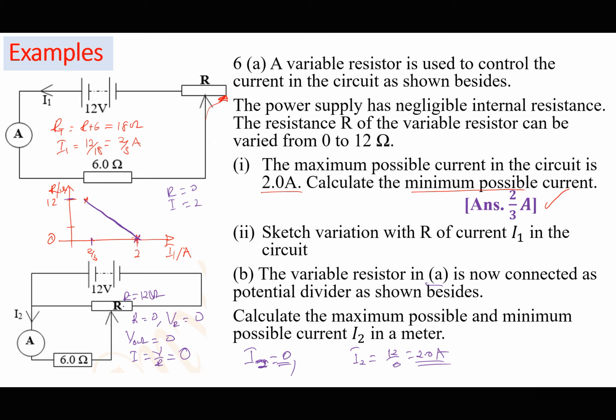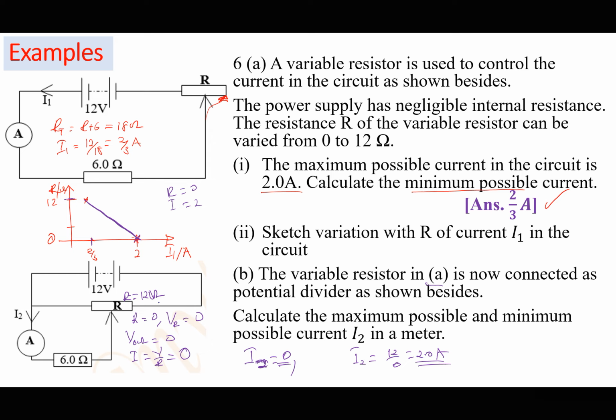When R is 0, the PD across 0 resistance is 0. Remember, R is in parallel with 6 ohms. The PD across R is the same as the PD across 6 ohms. So if the PD is 0, then the current is 0. So the minimum is going to be 0. If R is 12, remember R is in parallel with the 6 ohms, but then it is also in parallel with the power supply.